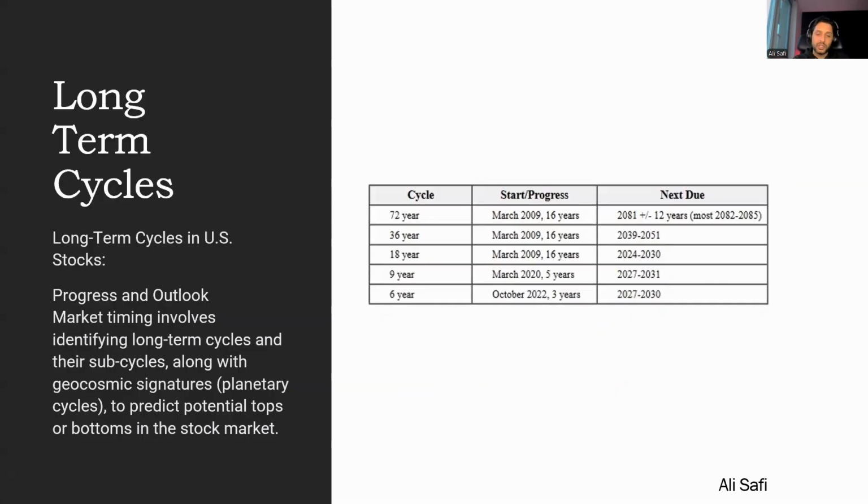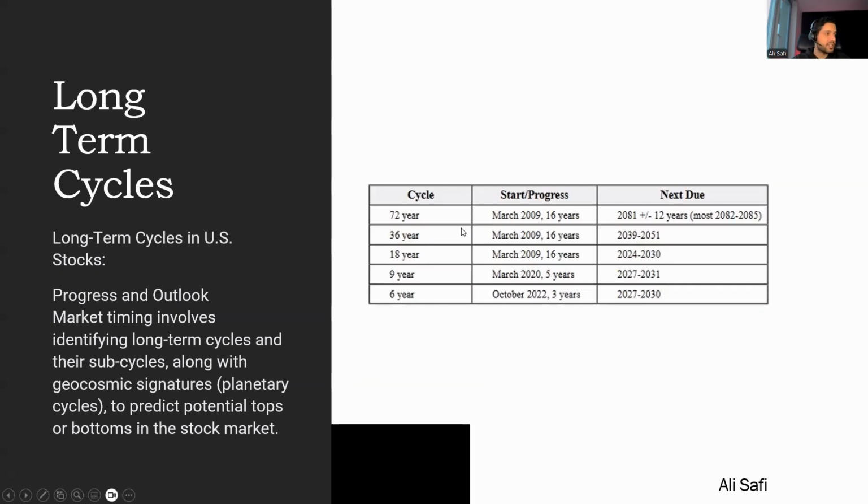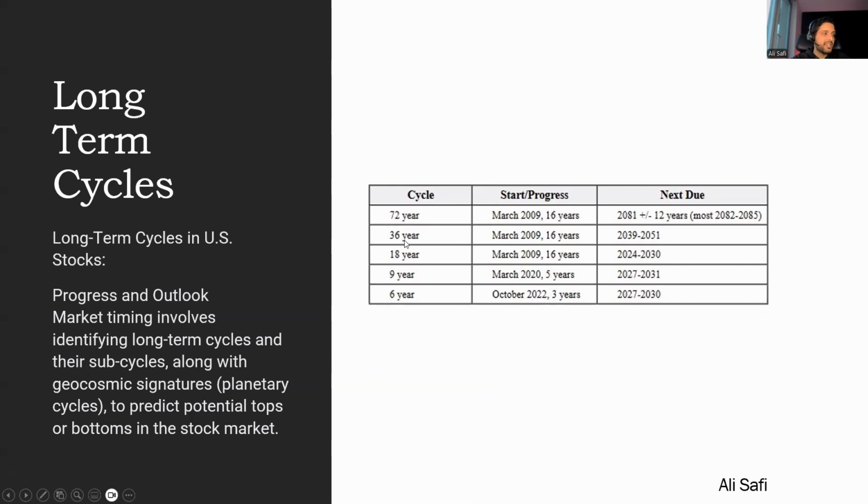How about the long-term cycle, folks? If you just look at this chart, this is pretty interesting. 72-year cycle, starting from March 2009, and we are at year 16. So we don't care about this. The 36-year cycle started 2009, 16 years, it's going to be due 2039, 2051. We are not going to pay attention to this. But the rest is pretty interesting.